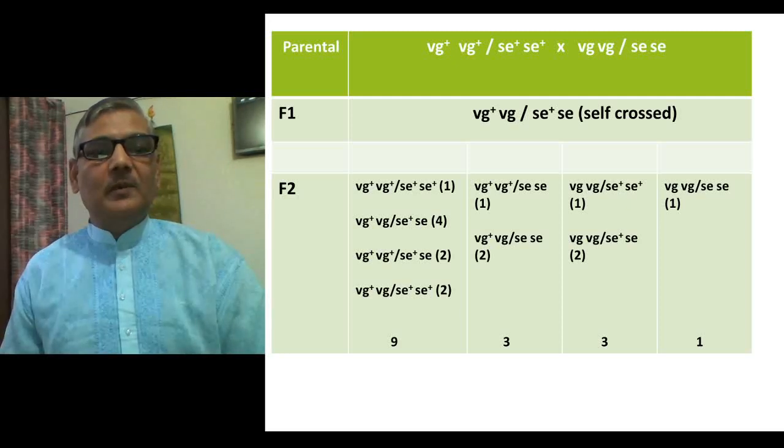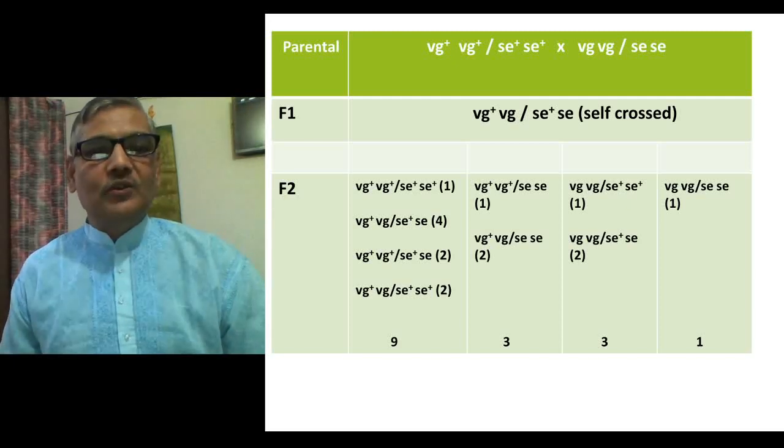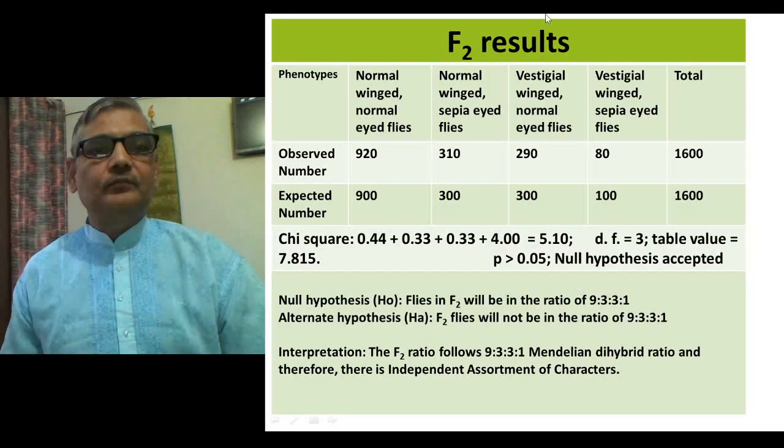Although we demonstrate such experiments to our BSc and MSc students, suppose you performed exactly the same experiment, and what result you obtained, that I'm going to analyze here. You made crosses as I told, and F2 results were obtained.